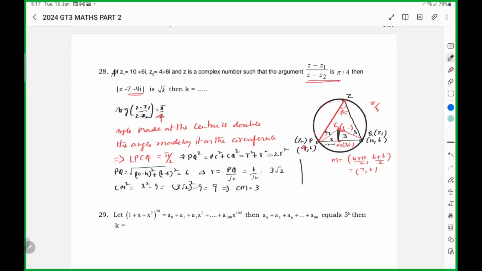So here somewhere is the origin, this is 6 units, it is 3 units. 6 plus 3, 9 units. So the center will be, so he is asking Z to the center, which is nothing but the radius, which we already calculated. It is how much? 3 root 2, root 18.